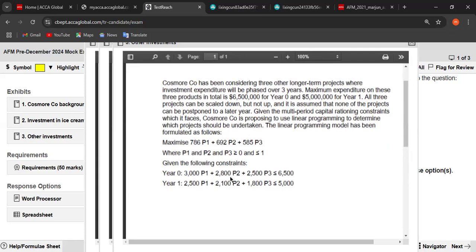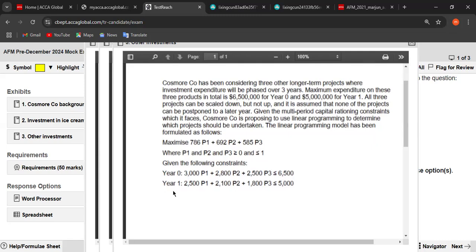For project 2, 2,800 and project 3, 2,500 is required. But remember, this should not be greater than 6,500, because in year 0 you have the maximum amount of 6,500. So it should be less than or equal to 6,500.